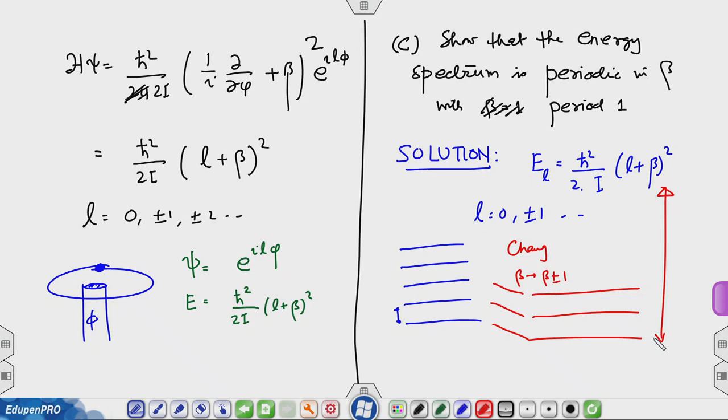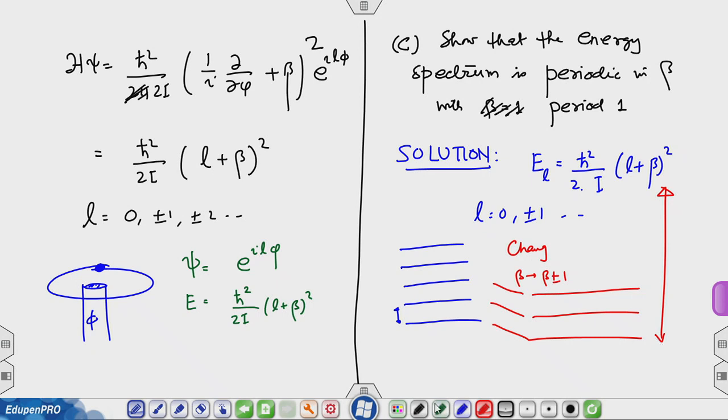If somebody changes beta by 1 or 2 or 3, you come back and start measuring things, you will see that the energy spectrum remains the same. It has just shifted up or down, but you wouldn't know when you measure it. So, the spectrum is periodic with period 1.